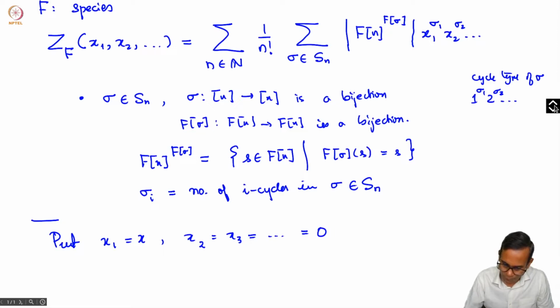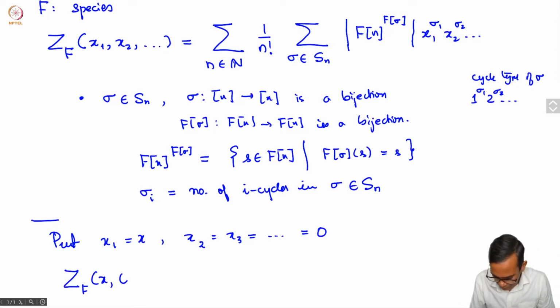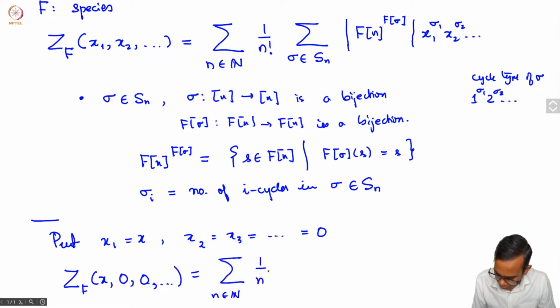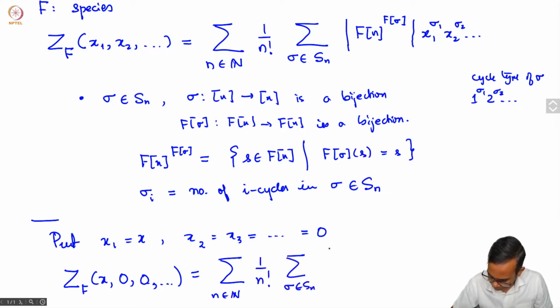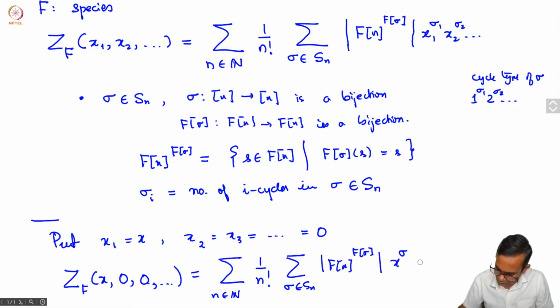So let's look at what happens to this function. We get Z_F of x, 0, 0, 0. This is going to be the summation over n of 1 over n factorial, summation over sigma in Sn, the fixed points of F sigma on F[n], x1 to the sigma 1, so it'll just be x to the sigma 1, 0 to the sigma 2, and so on.